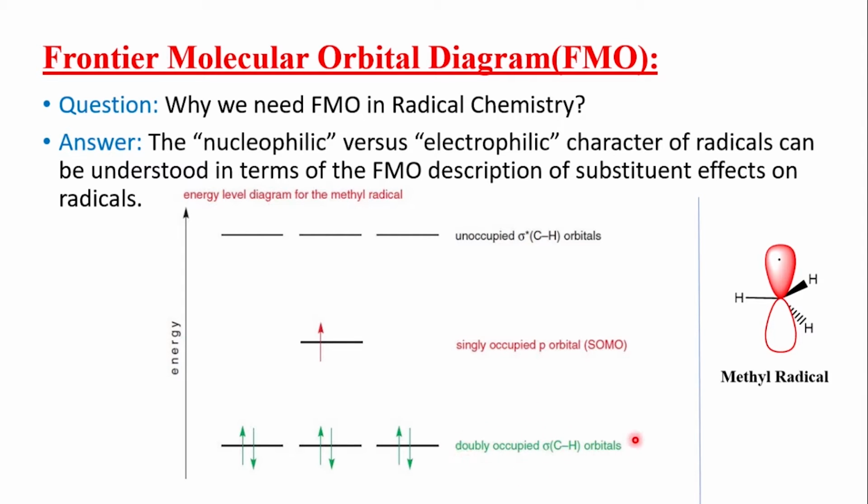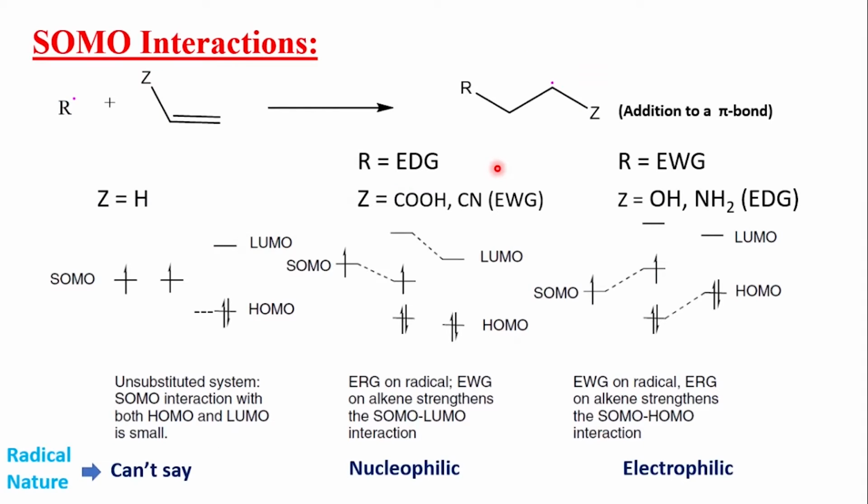Why doubly occupied? Because one covalent bond requires a minimum of 2 electrons. So 6 electrons are there. The one remaining electron makes a different orbital, a singly occupied p orbital named SOMO. It has a higher energy, and similarly there are anti-bonding sigma star CH orbitals. So this is the energy level diagram for methyl radical.